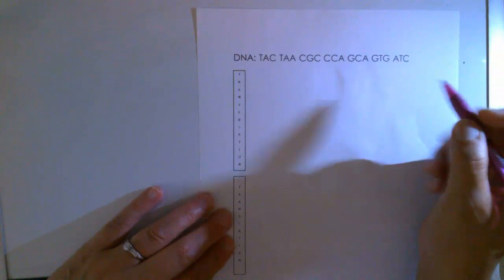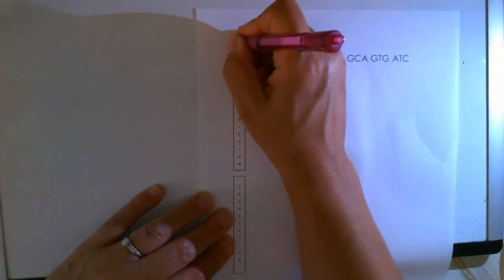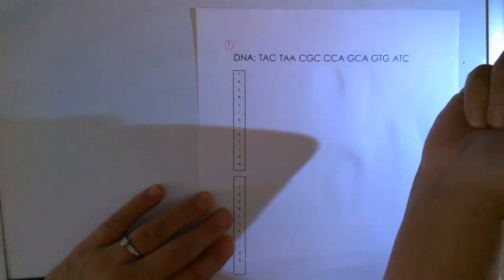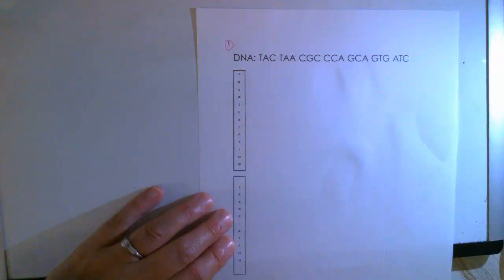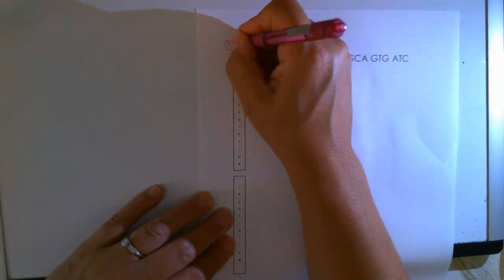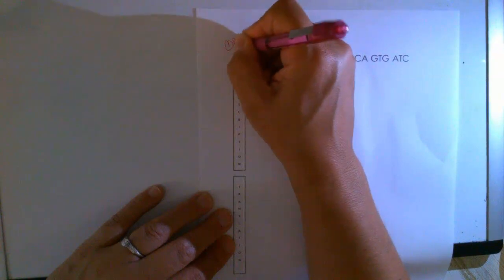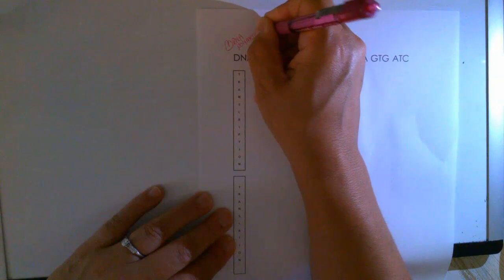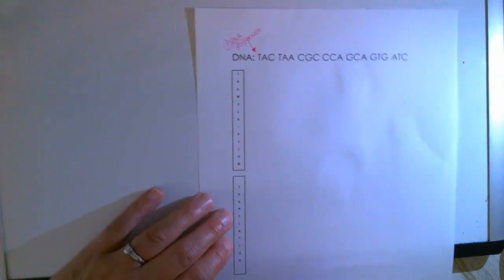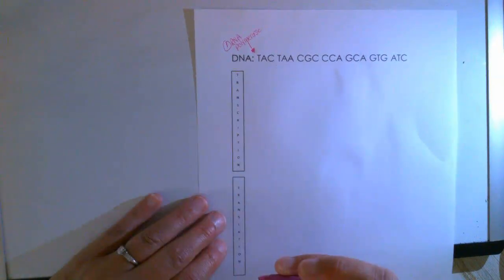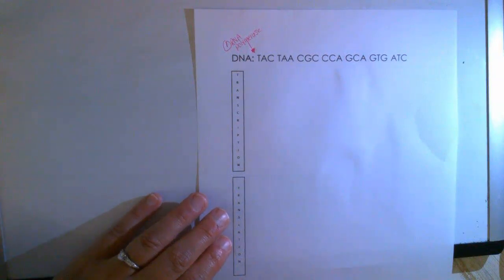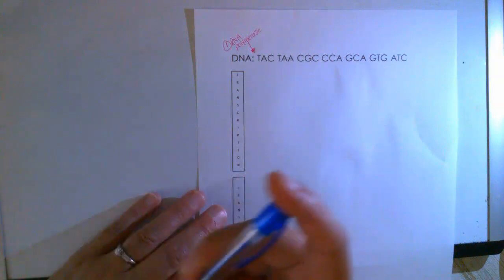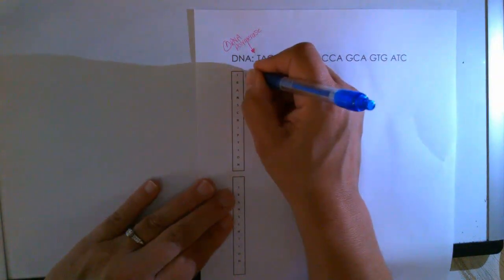The first thing that's going to happen here, and you can put this up on top, is number 1, which corresponds to step 1 on the PowerPoint slide: an RNA polymerase is going to come and attach itself to that DNA. So it's going to come right into here. The next thing that's going to happen is that the DNA is going to make a copy of, or make, a messenger RNA.